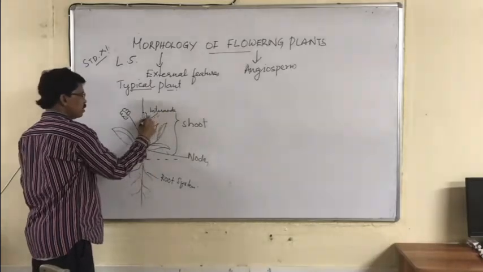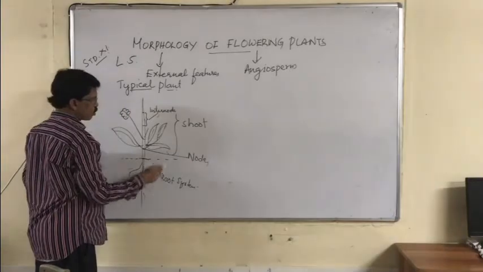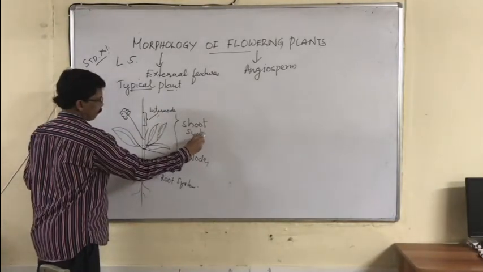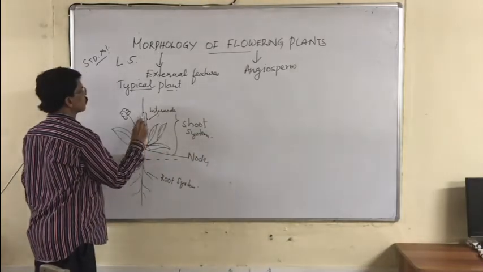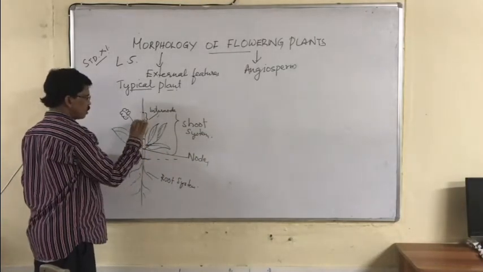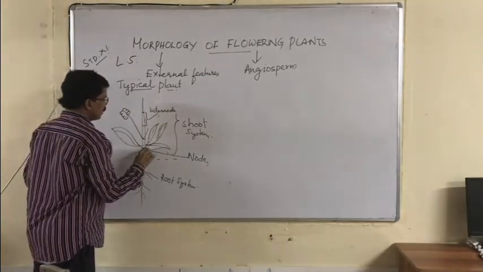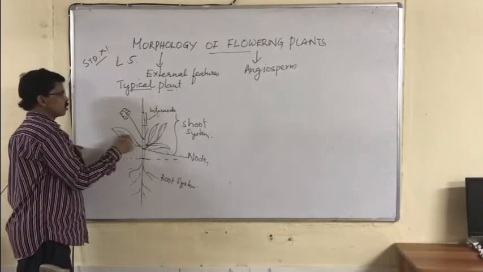So there are many parts for a typical angiosperm plant: root system, shoot system, the nodes, and internodes, the space between two nodes. Then leaves, this is the leaf, and the branches.